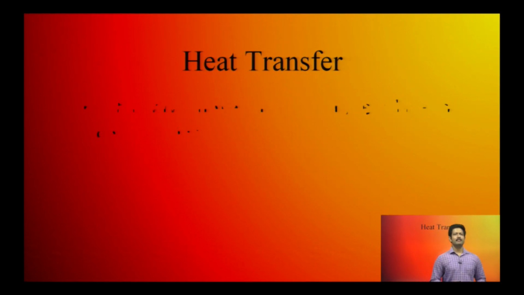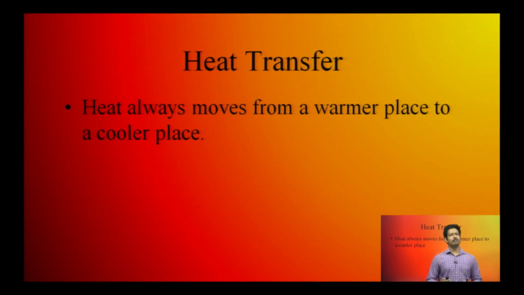So let's begin our slide. The first slide tells us that heat always moves from a warmer place to a cooler place. We all know that we need to establish delta T. Delta T means the temperature differential across two points. Suppose one point is at 50 degrees Celsius. For heat to be taken out from the 50 degrees Celsius part, you have to have a lower temperature on the other part.